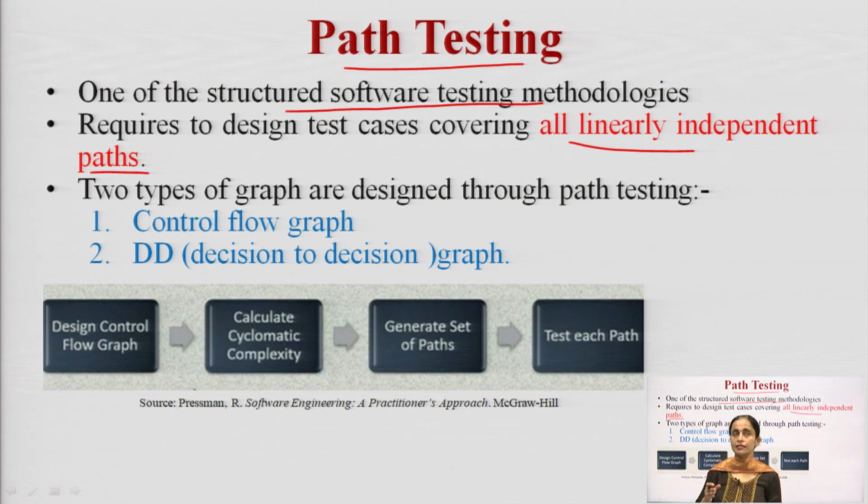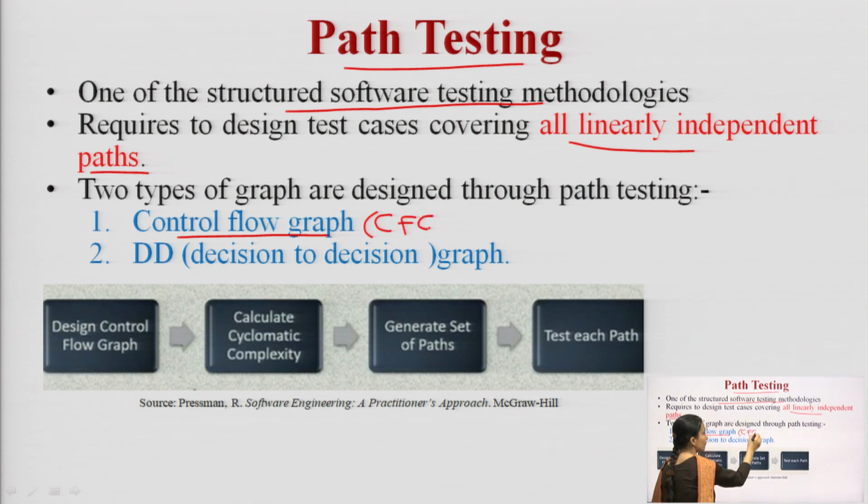I will be drawing the CFG and according to that CFG I will draw the DD graph, and in that DD graph I will check whether all the paths of the software have been taken or not. So, two types of graphs are designed when I am doing path testing. One is my CFG, that is control flow graph, and after drawing the CFG I will make a DD graph. DD graph means decision to decision. All the linear sequences will be taken as one node.